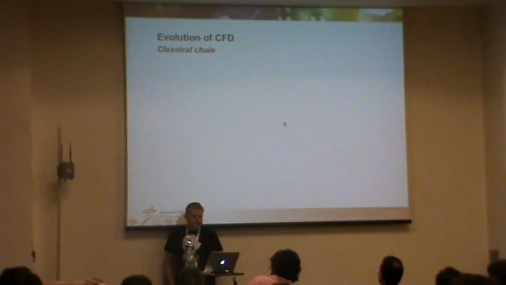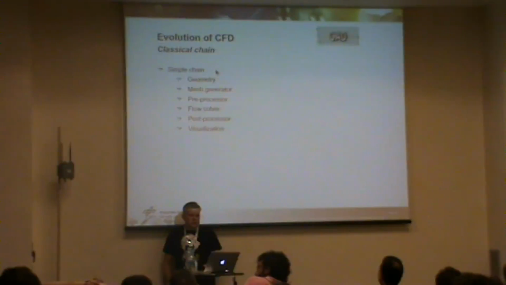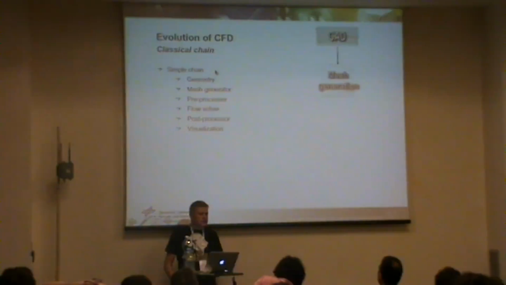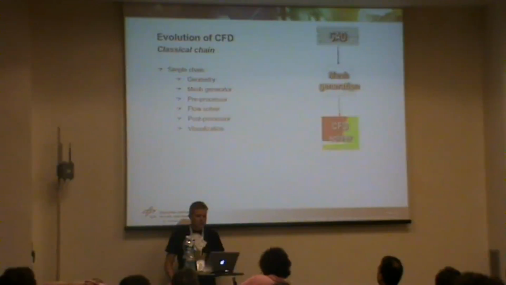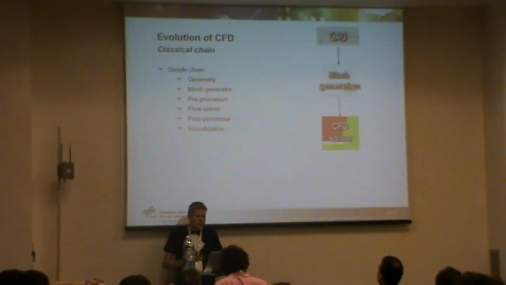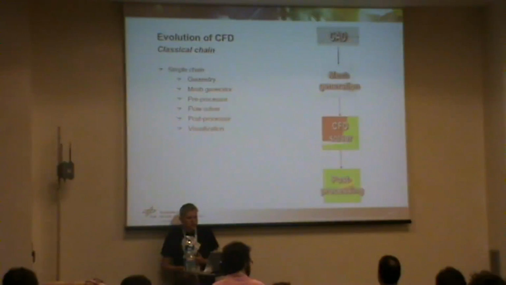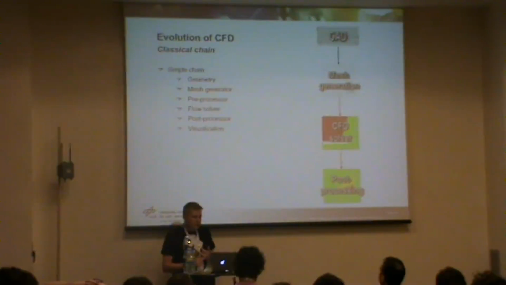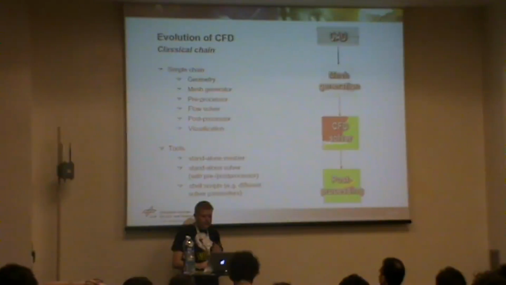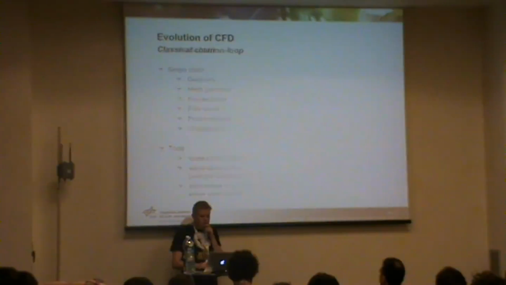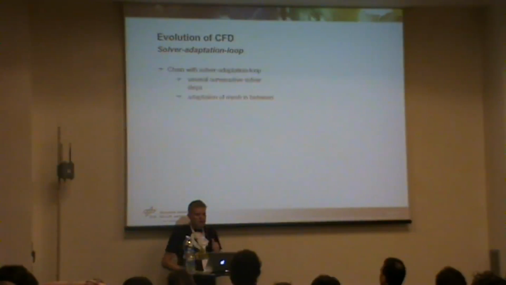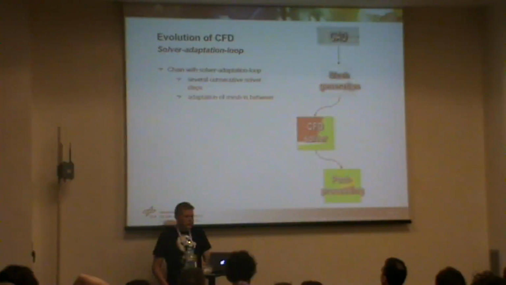Classically, this is done with a simple process chain like this: solver and post-processing. As I said before, the solver and post-processing have very high computational demands. Currently this simple chain is extended with a CAD solver, mesh adaptation, and geometry changes.